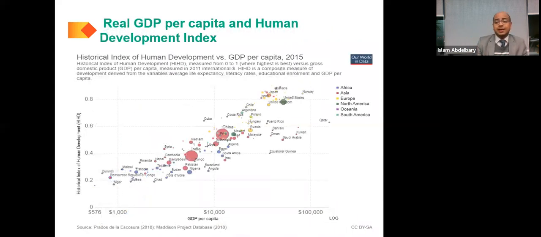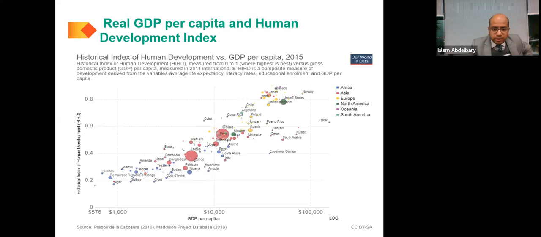Real GDP per capita and Human Development Index. So what is the Human Development Index? This is a complex index that includes income, health, and education. That is human development itself. There is a strong correlation between HDI and GDP per capita.